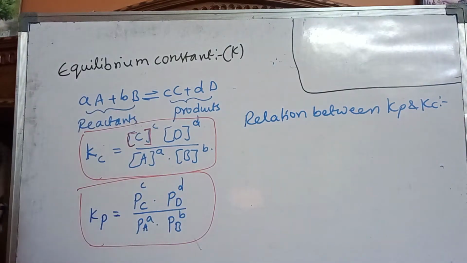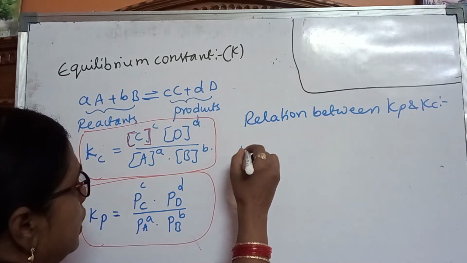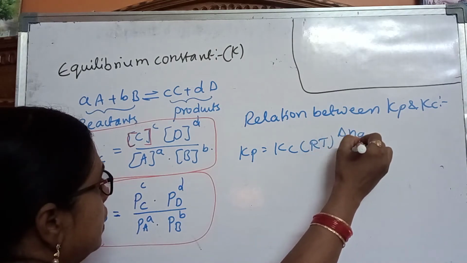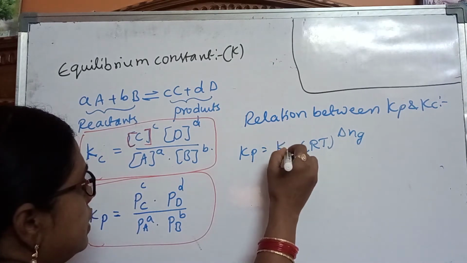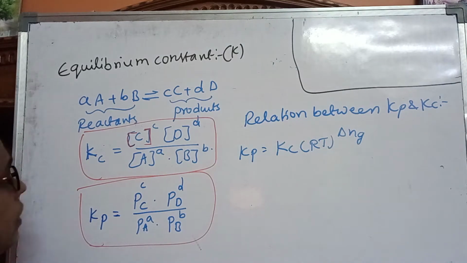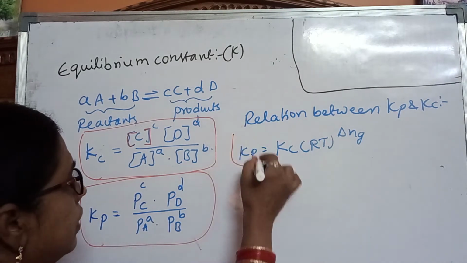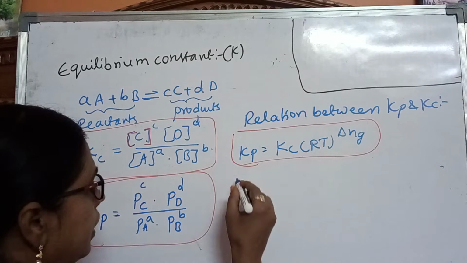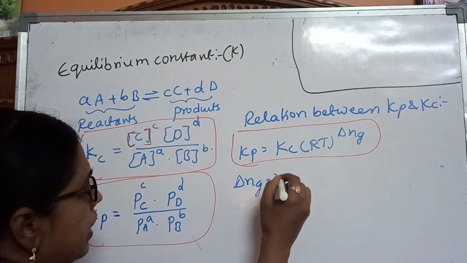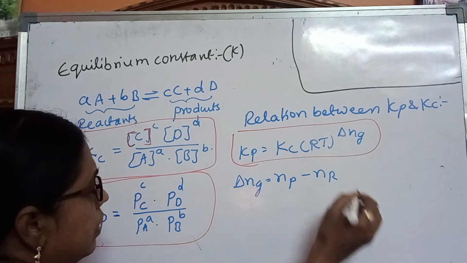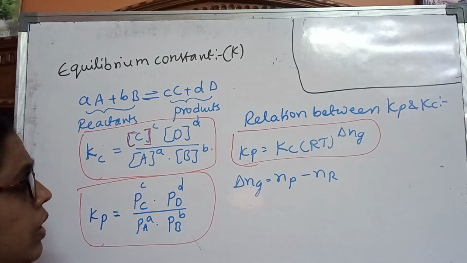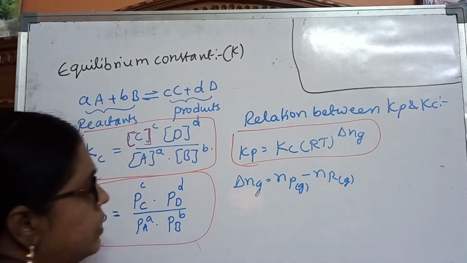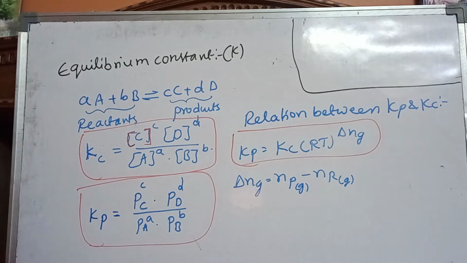One equation is there, and it is very important: Kp is equal to Kc into RT to the power of delta Ng, where delta Ng is equal to Np minus Nr. That is, the number of moles of products present in the gaseous state minus the number of moles of reactants present in the gaseous state.